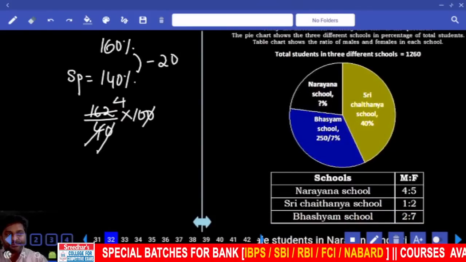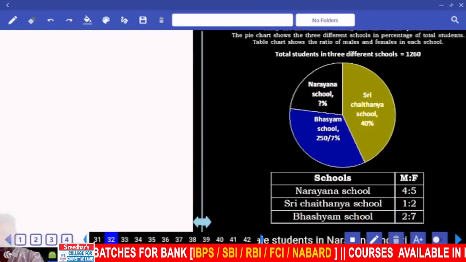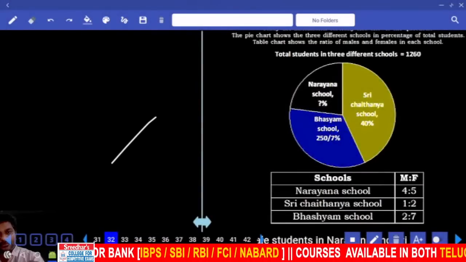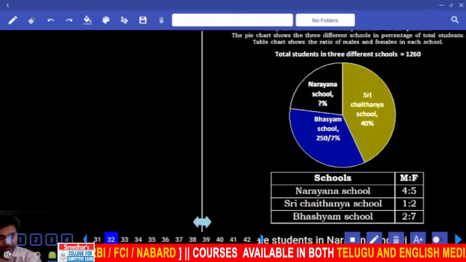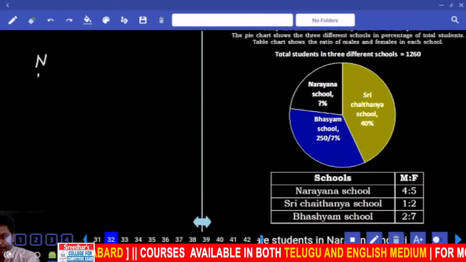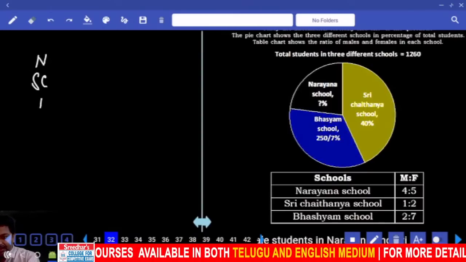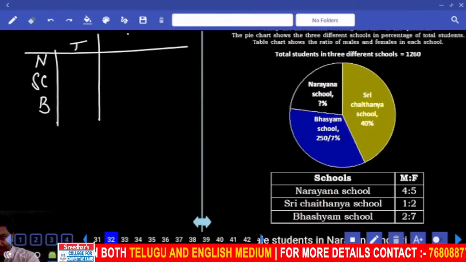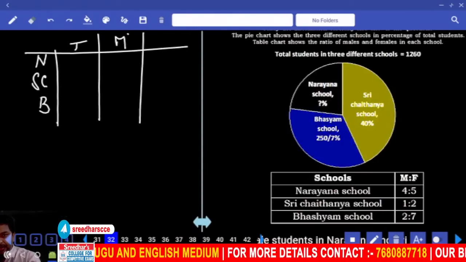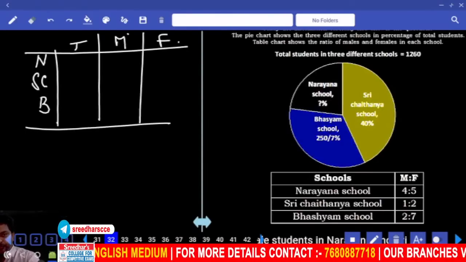Total students in 3 different schools, 1260. Now 3 schools are there: Narayana, Sri Chaitanya and Bhashyam. Let's talk about the first total. Then they are talking about male and female.